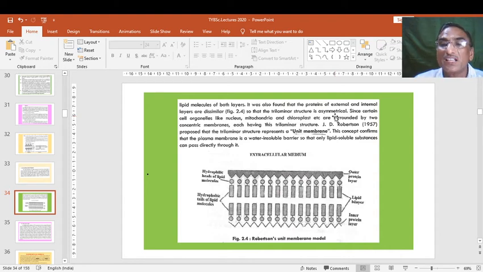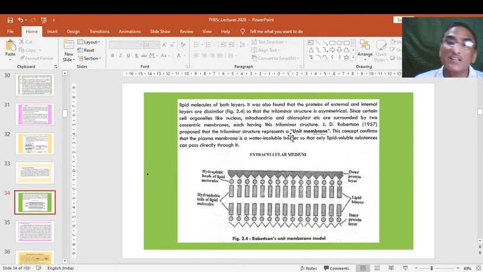Certain cell organelles like the nucleus, mitochondria, chloroplast, etc. are surrounded by two concentric membranes, and each membrane has this trilaminar structure. J.D. Robertson studied this in 1957 and proposed that the trilaminar structure represents a unit membrane.